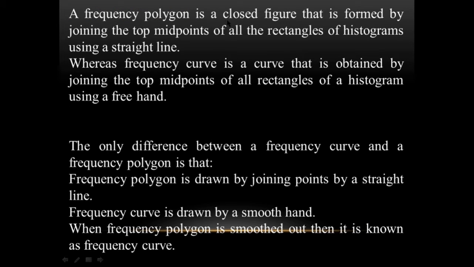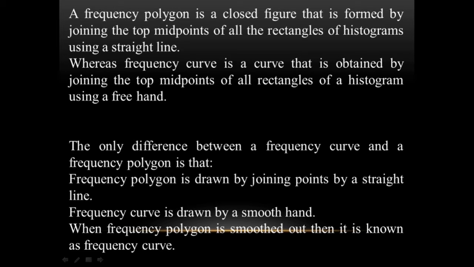A frequency polygon is a closed figure that is formed by joining the top midpoints of all the rectangles of a histogram using straight lines. Whereas a frequency curve is the curve that is obtained by joining the top midpoints of all rectangles of a histogram using a freehand.